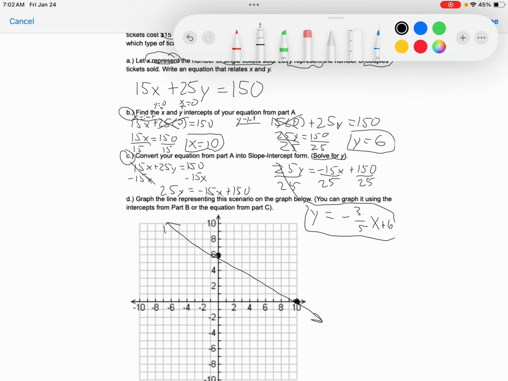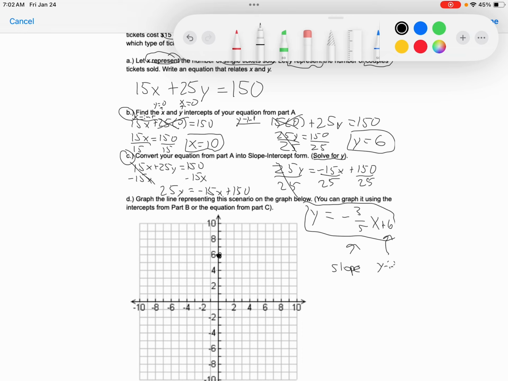The other way is using the slope-intercept form that we made from part C. I know that my y-intercept is at 6, so again I would put that y-intercept at 6, and then I would use the slope of negative 3/5 to find the next point.